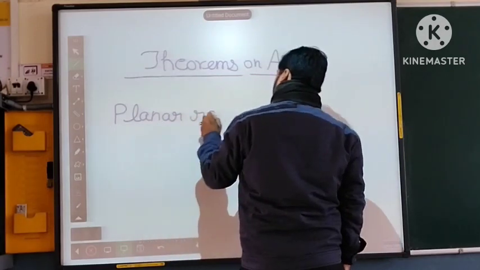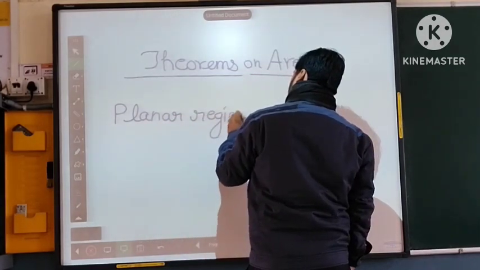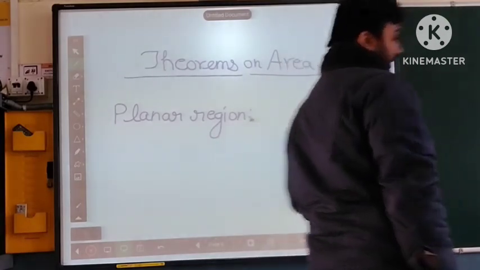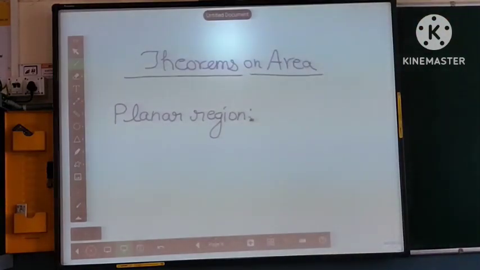What is a planar region? Okay, what is a planar region, children? Part of the plane enclosed by a simple closed curve is called a planar region. So in a plane, if you are making a simple closed curve, then it will be called a planar region.